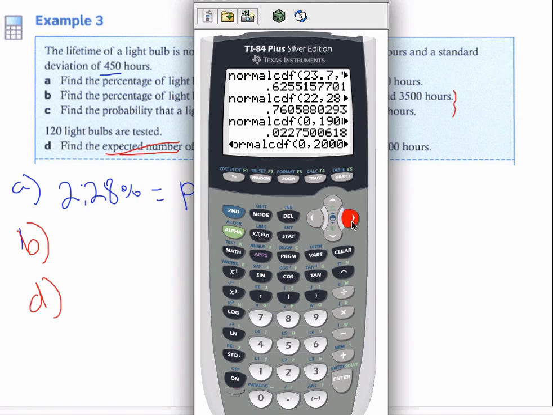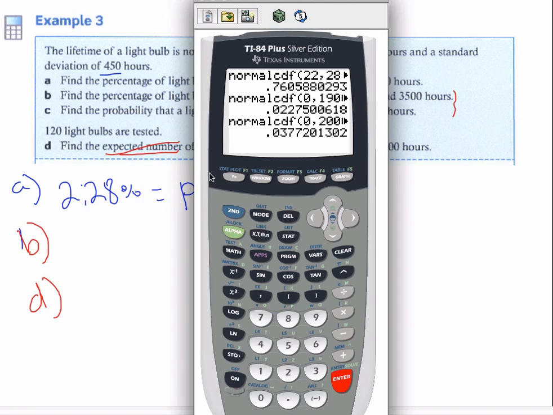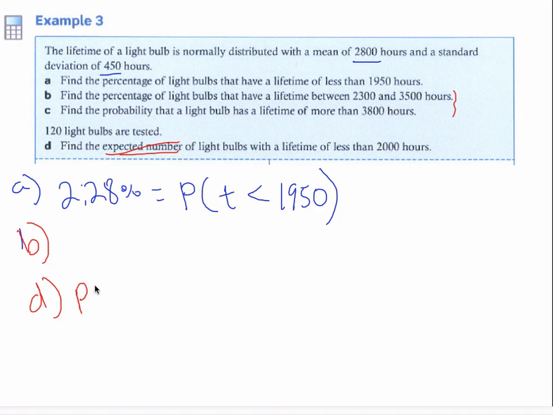Press enter. So that's now 3.77%. So the probability of less than 2,000 is about 3.77%.